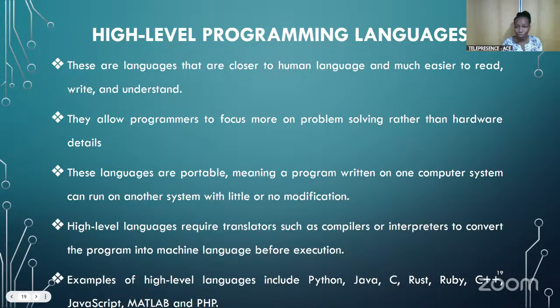All right, so we have high-level programming languages, and these are languages that are closer to human language and much easier to read, write, and understand, because most of the words used are easily understood English words. These high-level programming languages allow programmers to focus more on problem solving rather than hardware details.